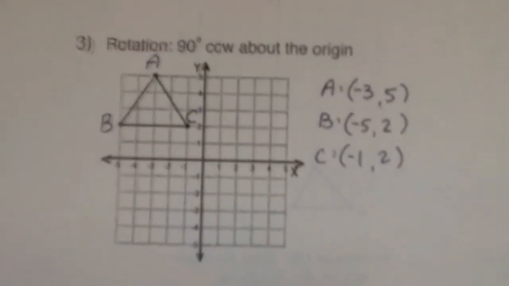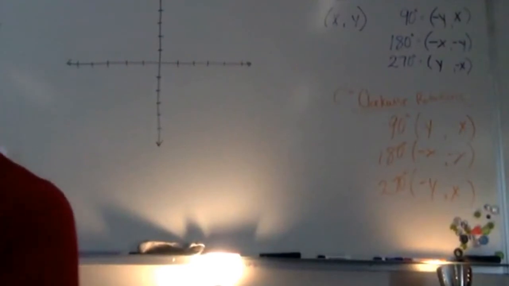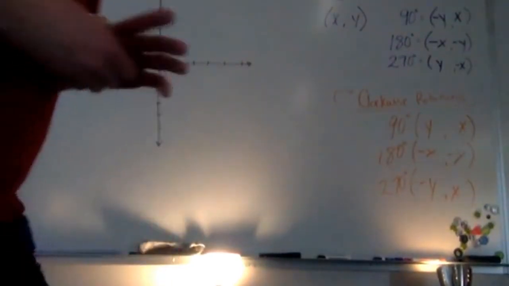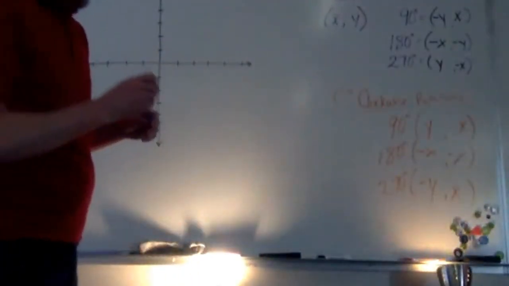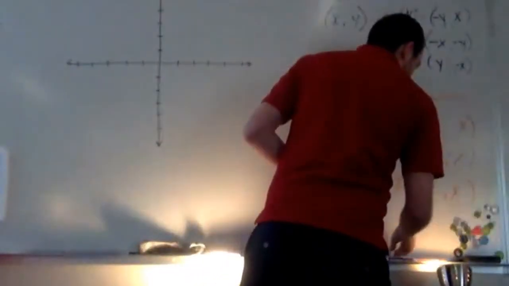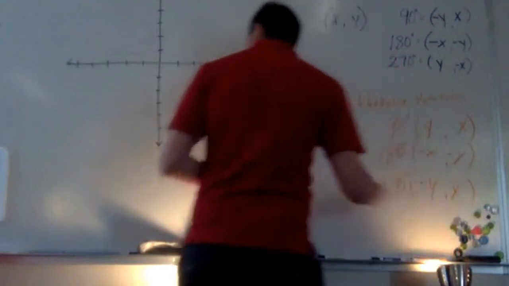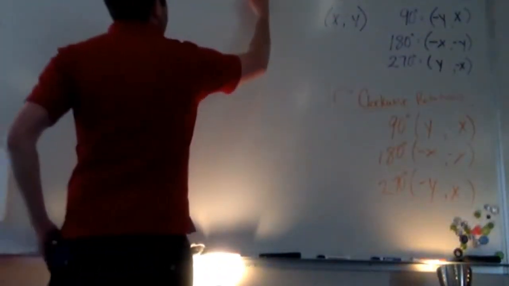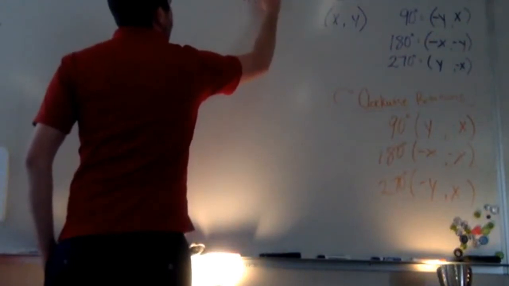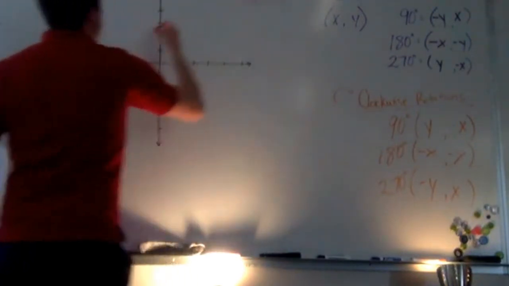All right, I'm going to do this on the board then. I have these coordinates. Let's use a different color. Let's use ink. And again, I have -3, 5 for A. So A is -3, +5.